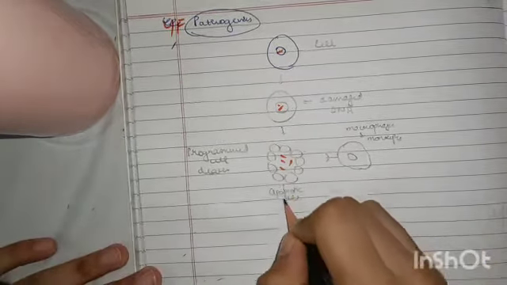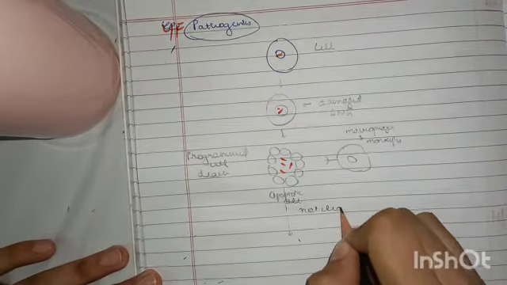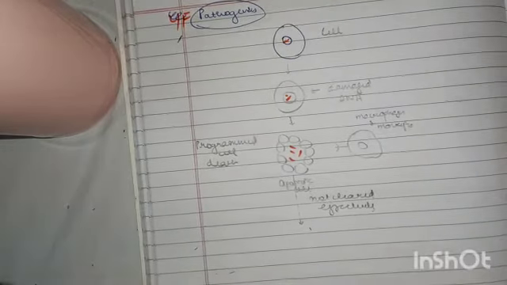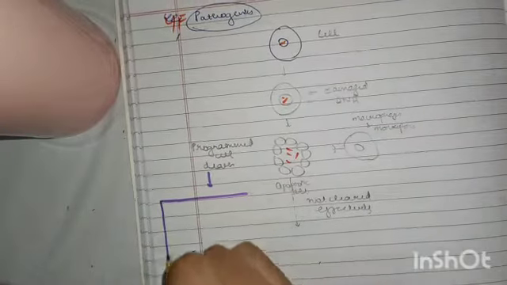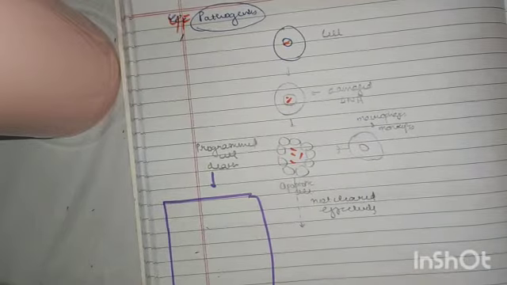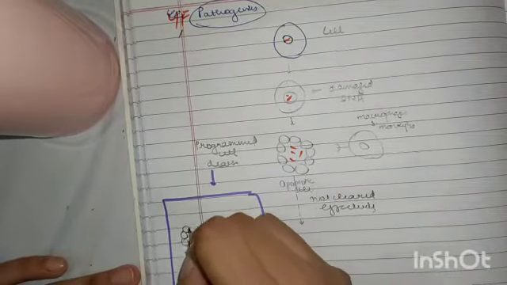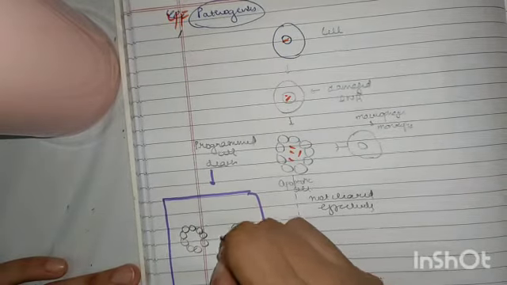Now suppose it does not happen like that, and the cell is not cleared effectively. Why would that happen? To understand this, normally this is our apoptotic cell and this is the macrophage.